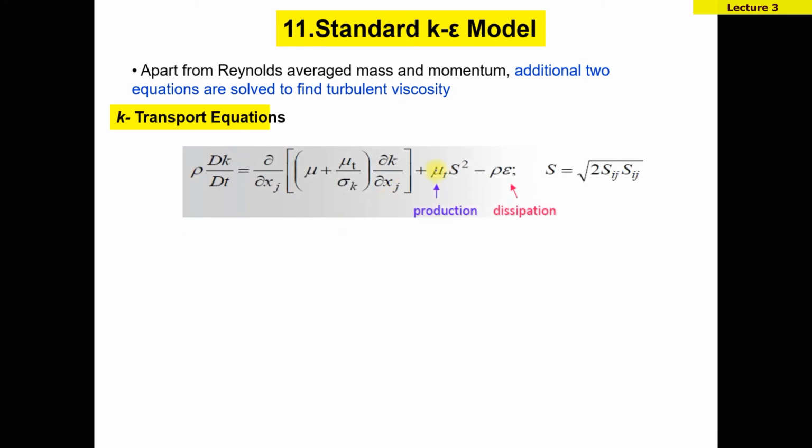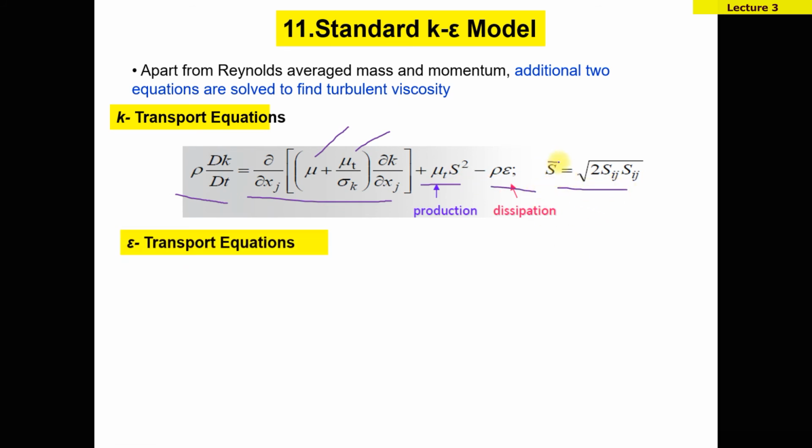For the standard k-epsilon model, we are solving the k equation. Its equation is similar to the momentum equation. There is a substantial derivative, the sum of the unsteady and advection terms. Then there is a diffusion part due to viscosity or turbulence. This is a production term and a dissipation term. This is the strain rate tensor, the magnitude of the strain rate tensor.